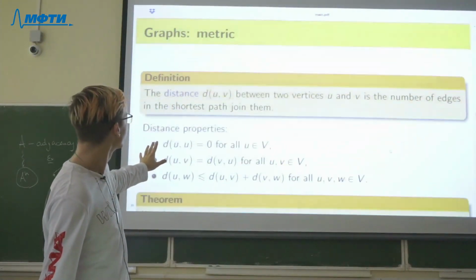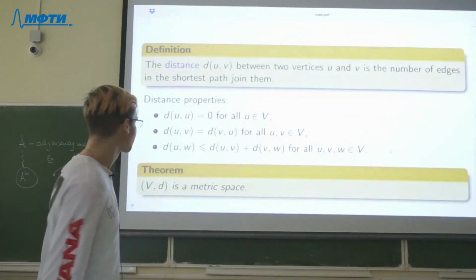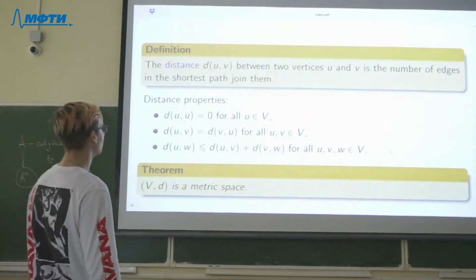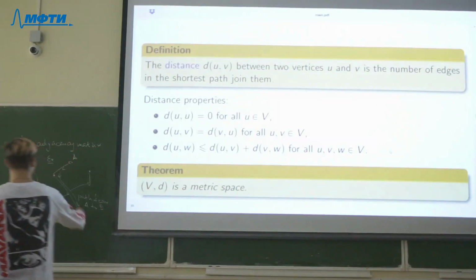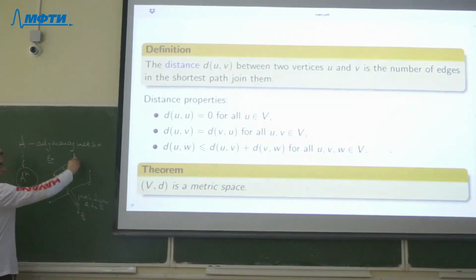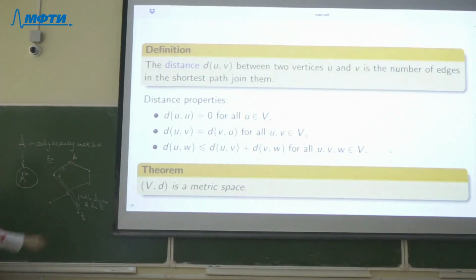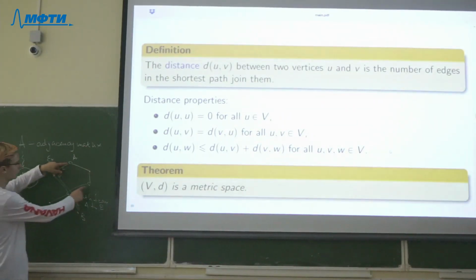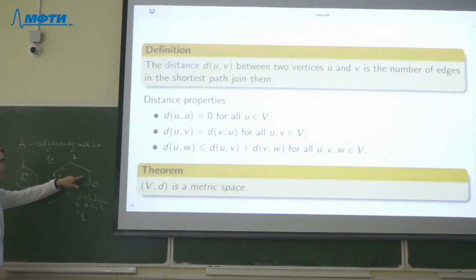Then, yeah, about distances. If we have, for example, this graph, we can say that the distance between two vertices is equal to the number of edges in the shortest path joining them.